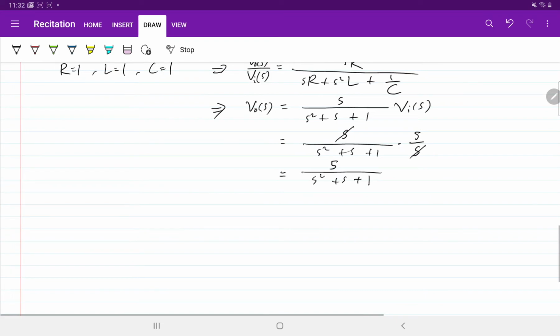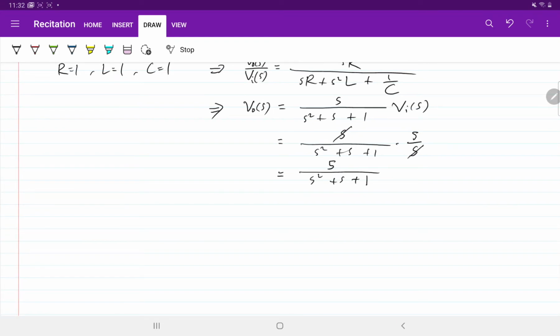Okay, so you can look at the Laplace table, and if you look closely, the solution will be a times e to the power of minus b t, with some constant, sine or cosine.